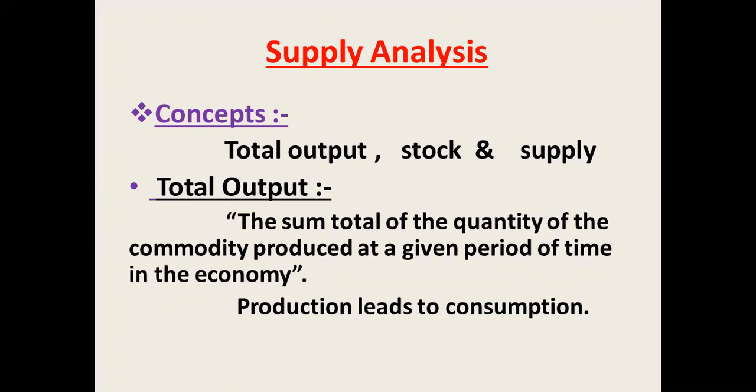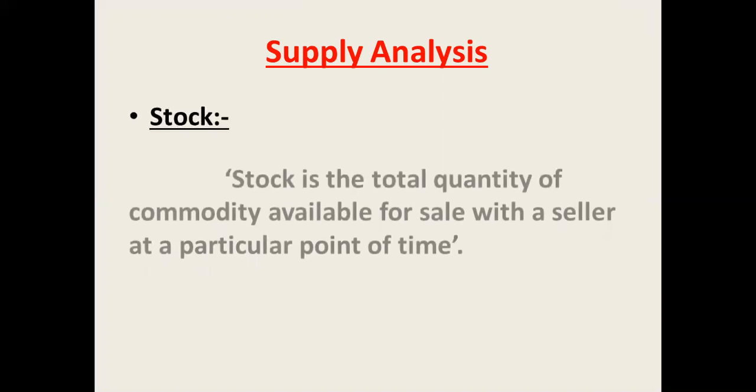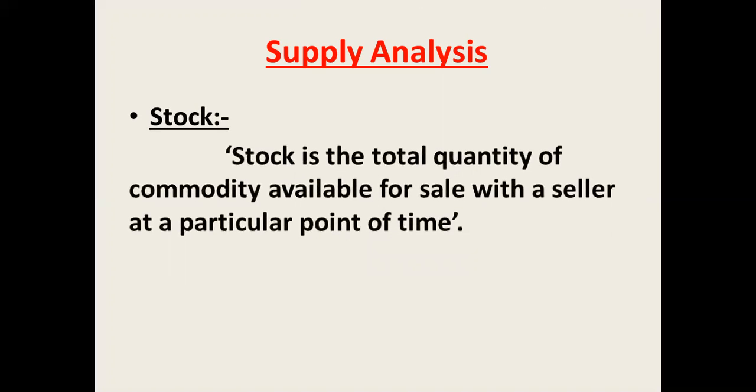So let's come to the next concept: stock. Stock is the second concept, the next step after the total output. Stock is the total quantity of commodity available with the producer for sale at a point of time.